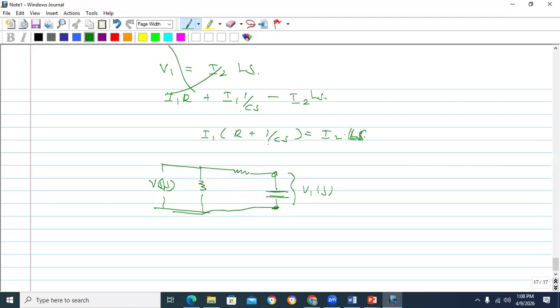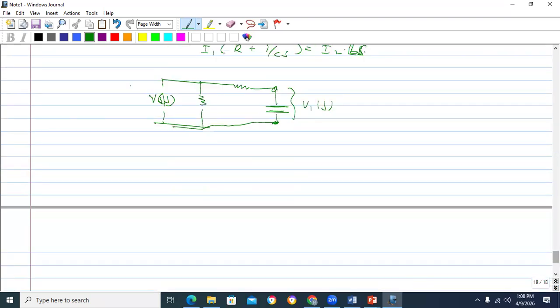If you solve this equation, you will get the same answer, but very easily you can get this. The voltage between this terminal and this terminal is Vs. This is the R, and this is the capacitor, and the voltage across the capacitor is V1.